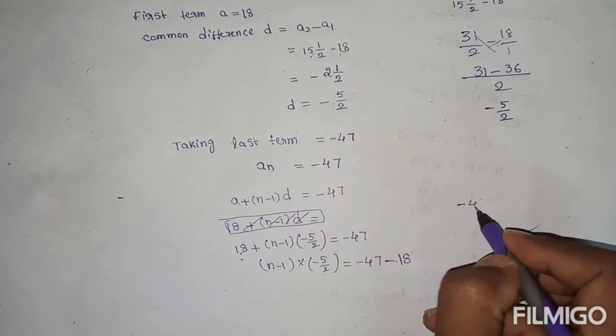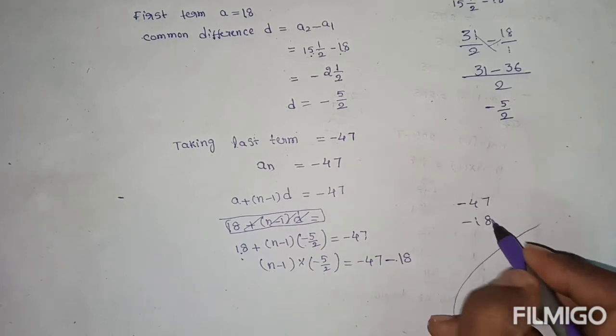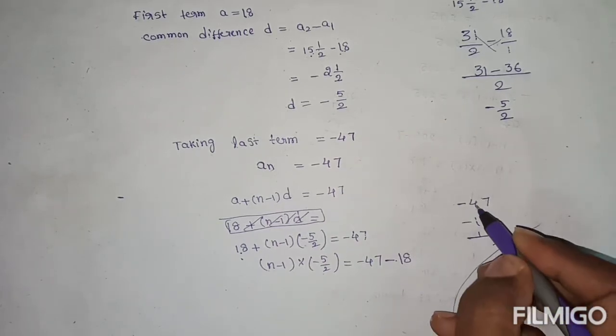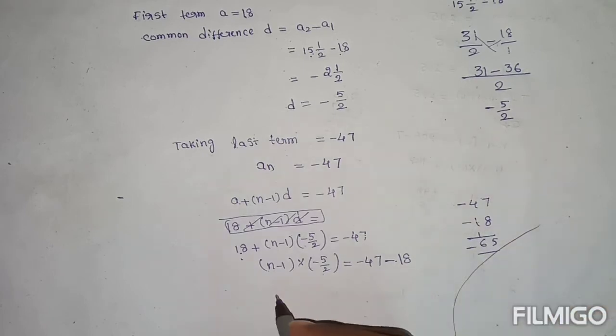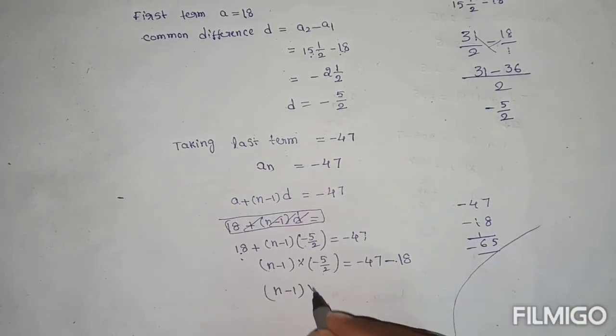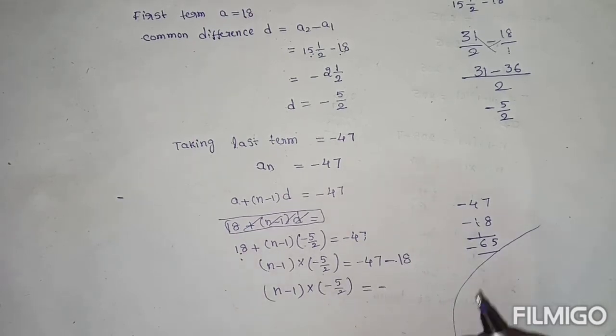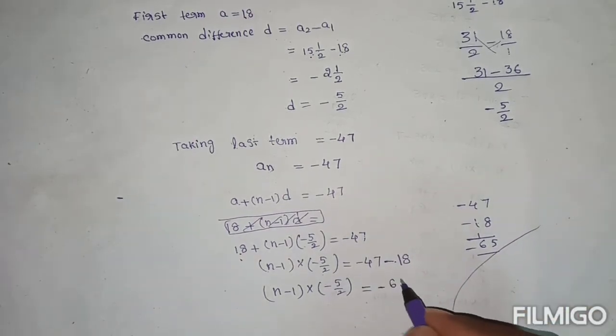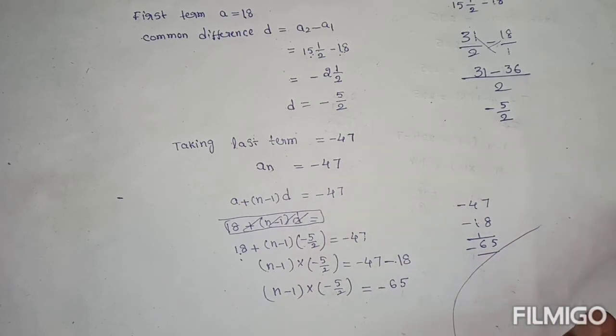Both are negative, so we add them: 7, 8, 15, 5, 6, gives minus 65. So n minus 1 into minus 5 by 2 is equal to minus 65. Okay, write down.